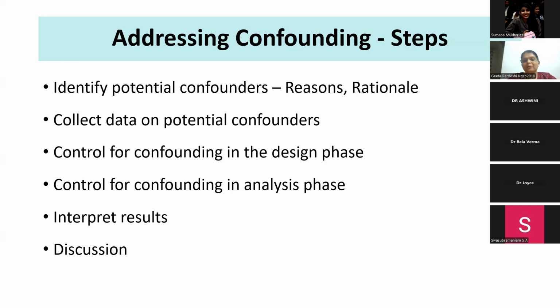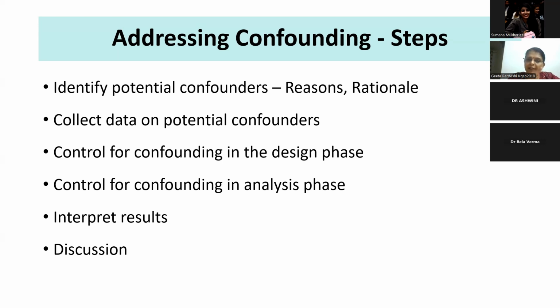Okay. So the first step is to identify potential confounders. In your method section, you will write, these are the potential confounders I am worried about, with reasons and with rationale. Why are you thinking they are potential confounders? The second thing to do is to collect data on potential confounders. You cannot just say these are confounders and leave it at that point.